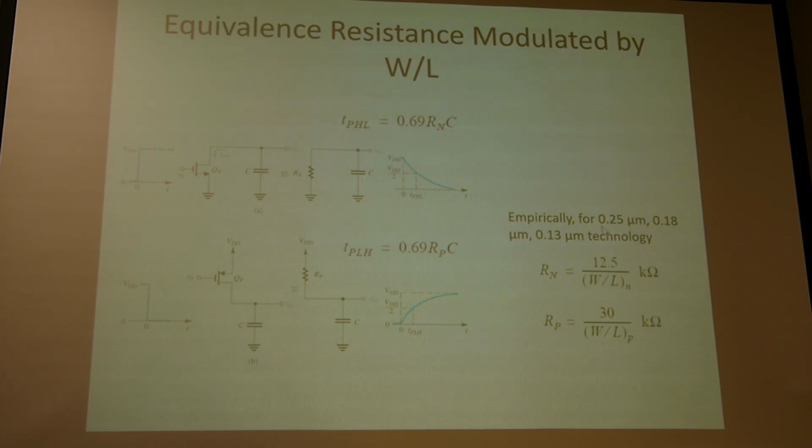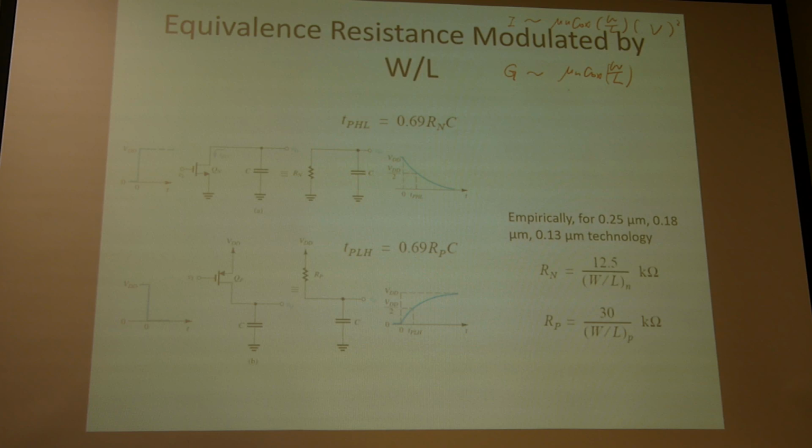So this can be a good approximation, this method. And empirically for those technology nodes, like 0.25 micrometer, 0.18 micrometer, or 0.13 micrometer, for those nodes, empirically, the R actually depends on the W over L. So you can imagine that because the conductance is proportional to this mu n Cox W over L, because of the current, mu, some voltage term there.